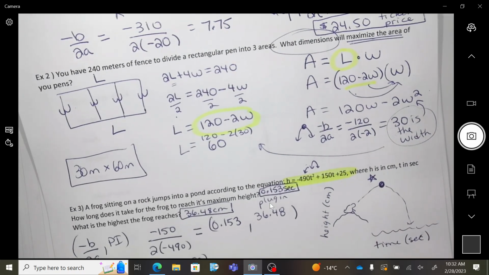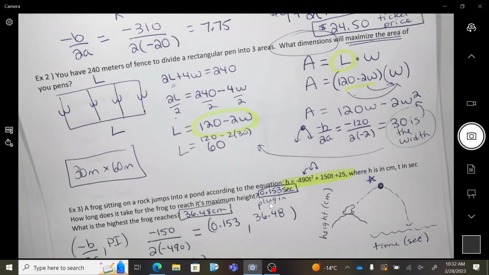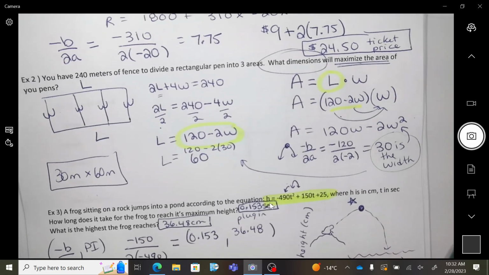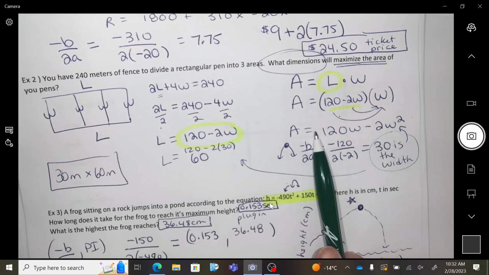Okay, so there's my final answer. The dimensions ended up being 30 meters by 60 meters. Okay, if I did ask you for what is the largest area, you can go with the 30 into this equation. That would give you the area.